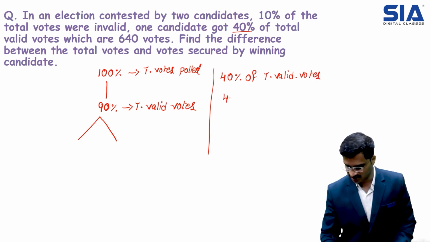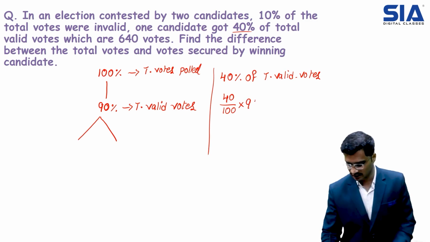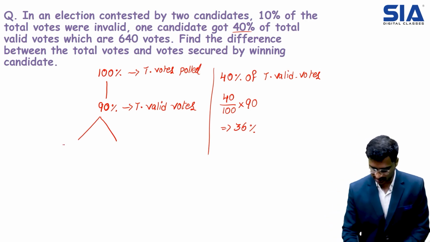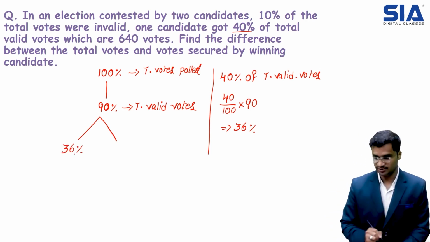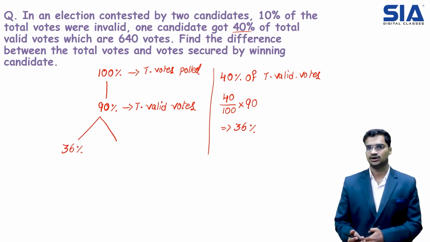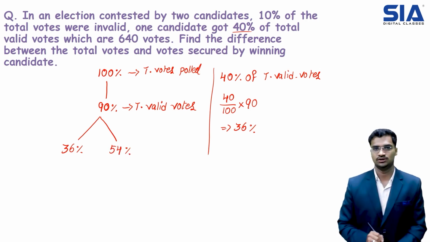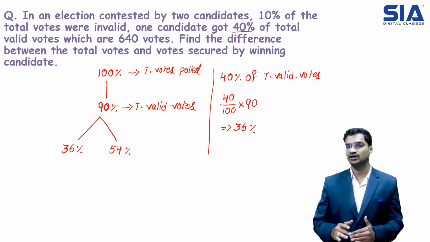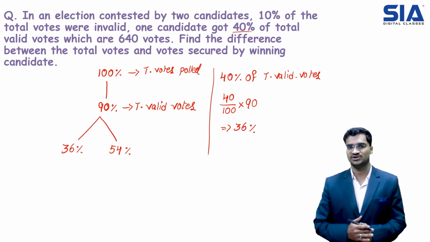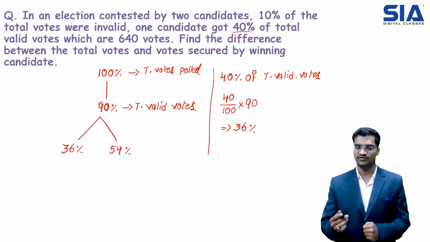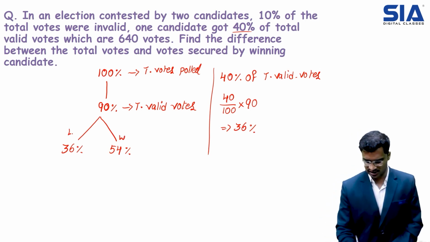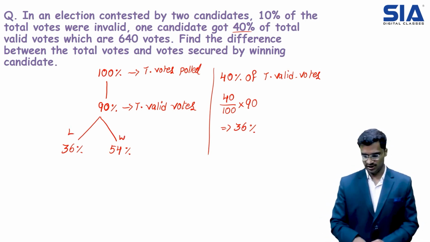So 40% is 40 by 100 into total valid votes, 90. So he is getting 36% of votes. Then the remaining 54% is taken by the other person. So if a person is getting 54% of votes, he is the winner, and the other is the loser.